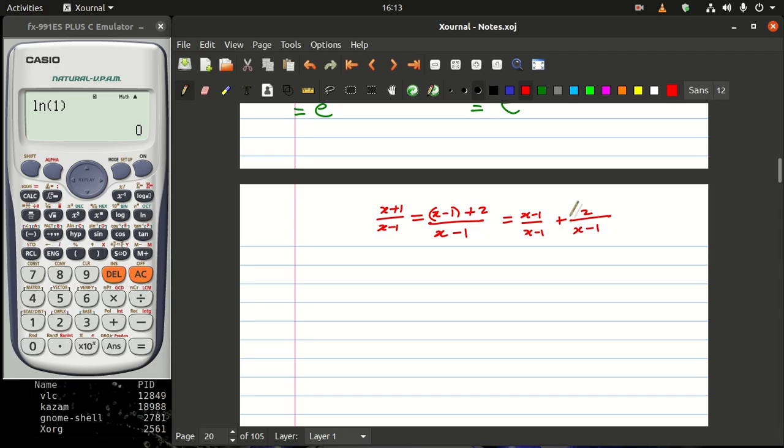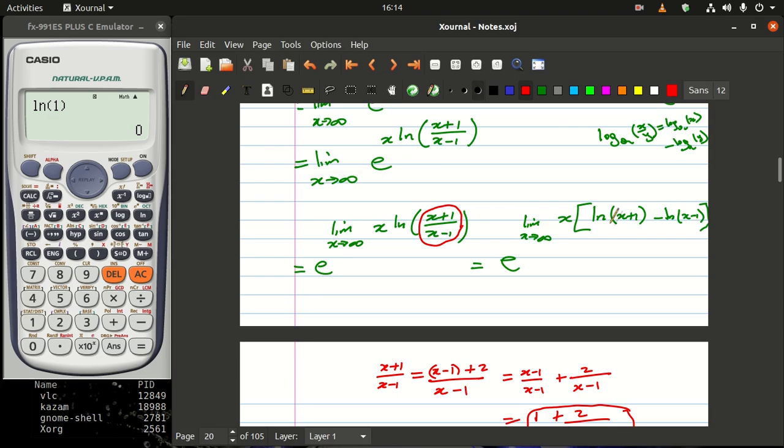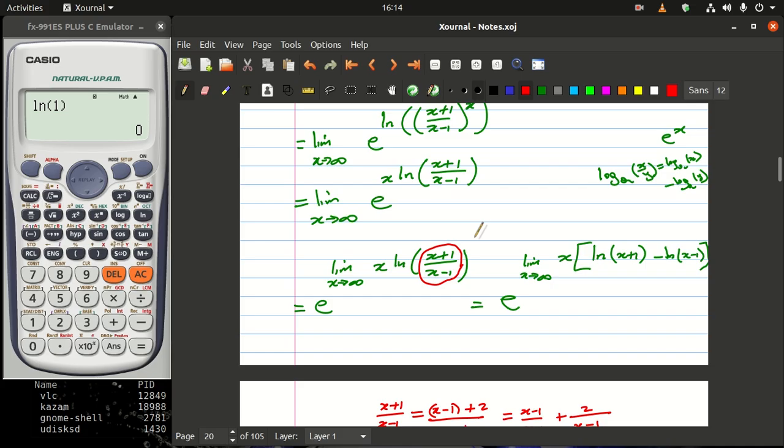The first part is going to be 1 because this and that are the same, and then plus 2 over x minus 1. If we had done that in the first place, we could be done by now, but I wanted you to see that not all these limits are going to be straightforward.